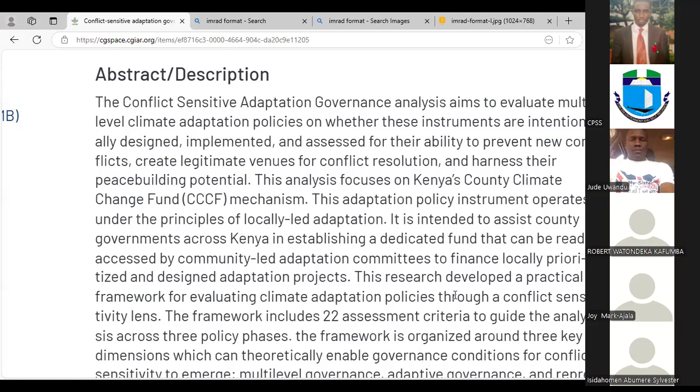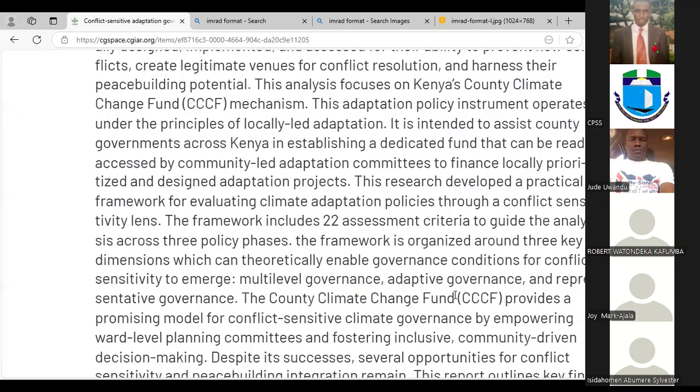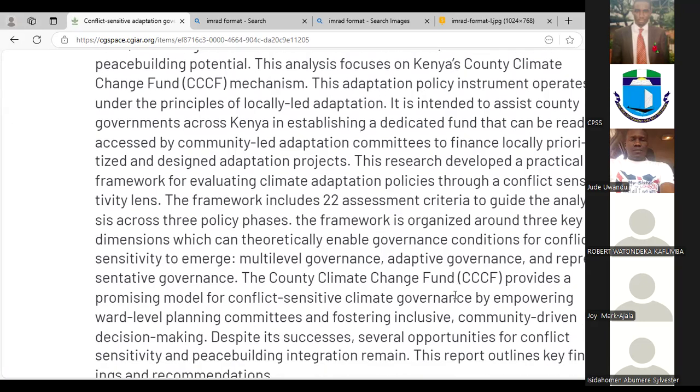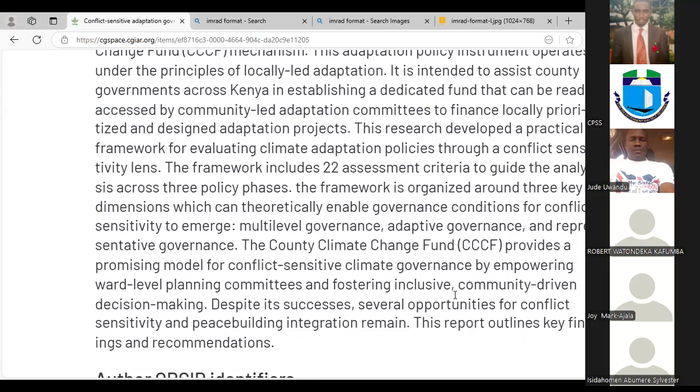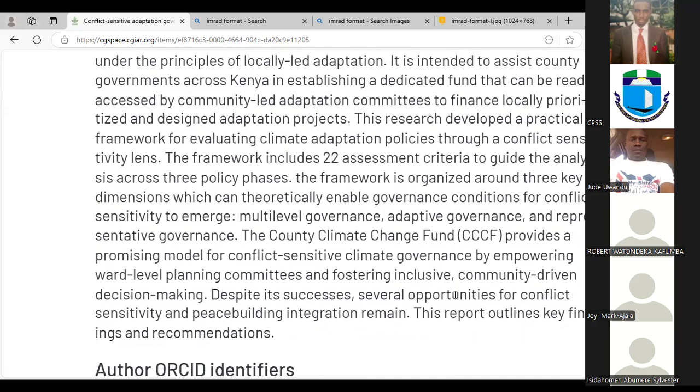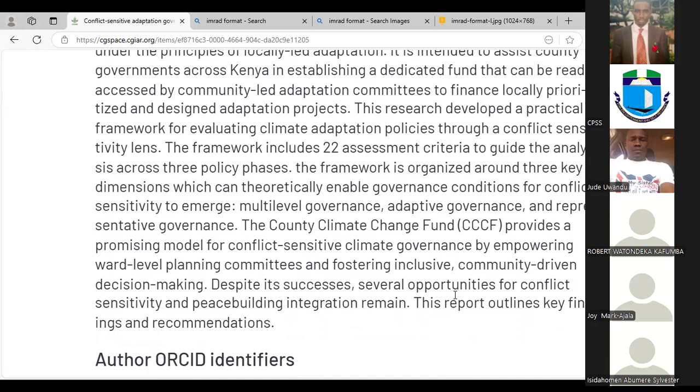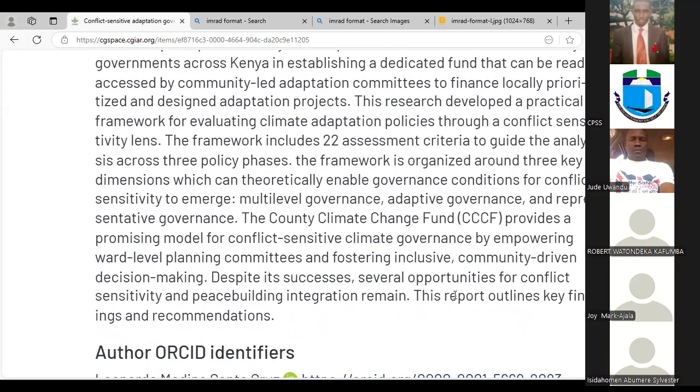The framework includes 22 assessment criteria to guide the analysis across 3 policy phases. The framework is organized around 3 key dimensions, which were theoretically... The County Climate Change Fund provides a promising model for... despite its successes, several opportunities for conflict-sensitive and peace-building integration remain. And recommendation, it's a report. If you read this kind of abstract, read the content, for me, right now, I want to look at this now.